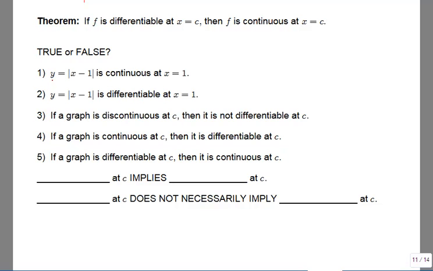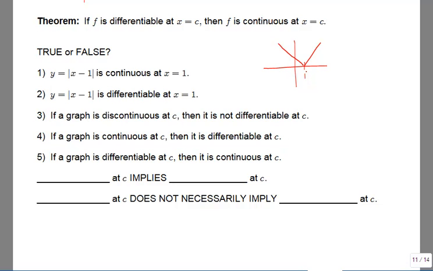Suppose that you have the function y equals the absolute value of x minus 1. Think about what the graph of that looks like. It's an absolute value, so it's a V shape. And because of that minus 1, that's a transformation, which is a shift right 1 unit. So this is a V centered at 1.